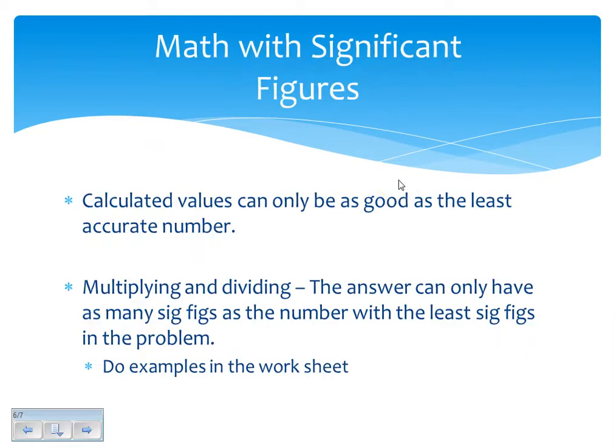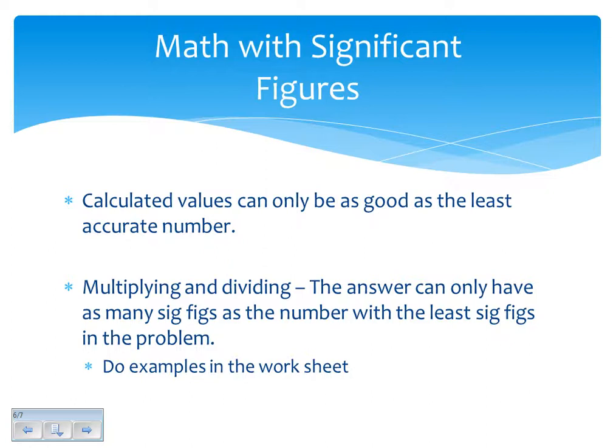So we've discussed all the rules of determining how many sig figs a number has, but now we're going to do some math with those numbers. Realize when we do math with numbers, those numbers can only be as good as the least accurate number. A chain can only be as strong as the weakest link.